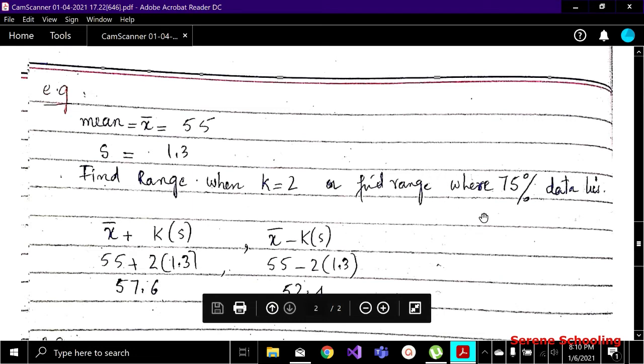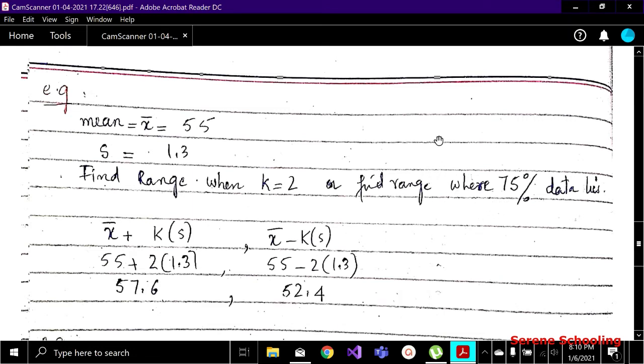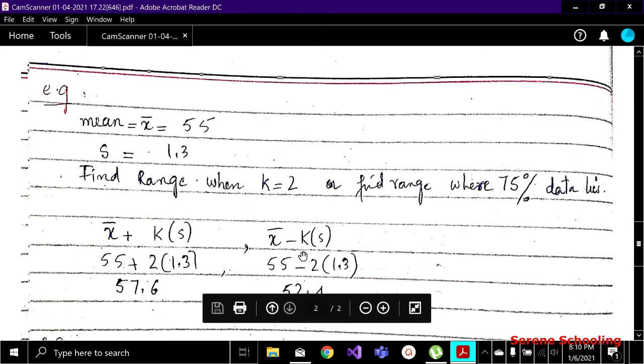So for that, in the formula 1 minus 1 by k square, you put 2, you get 75%, right? So either you will be given this k directly or this percentage. In both cases you just have to find this k yourself.